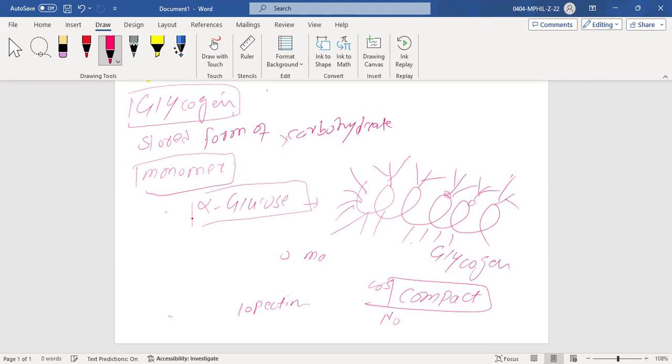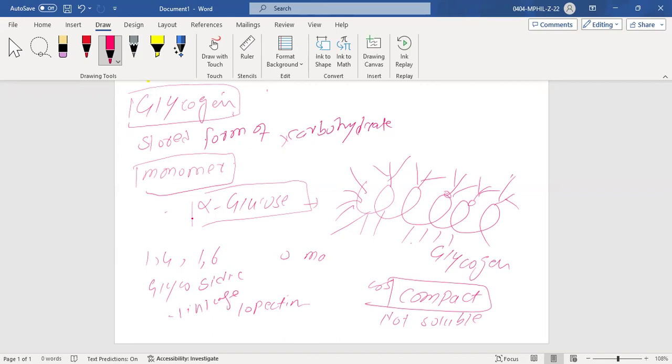Remember, it is not soluble. It again contains one-four and one-six glycosidic linkages. Are you getting this point?